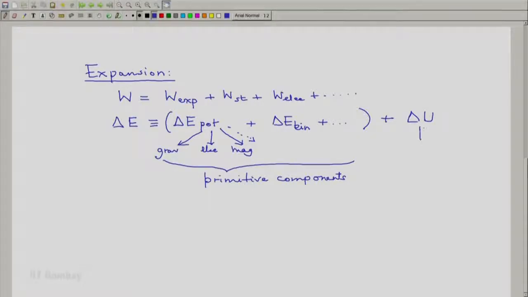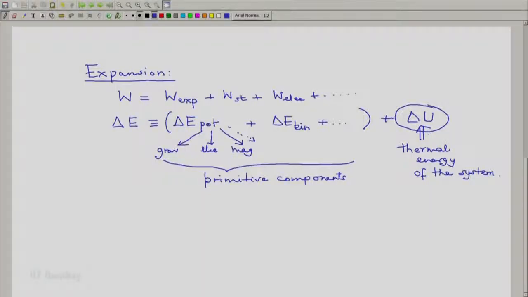Change in that is represented by delta U. This is the thermal energy of the system. This is special to thermodynamics, and in many of the simple situations that we consider, we will find that of all the components of delta E, delta U will generally be the most significant component.